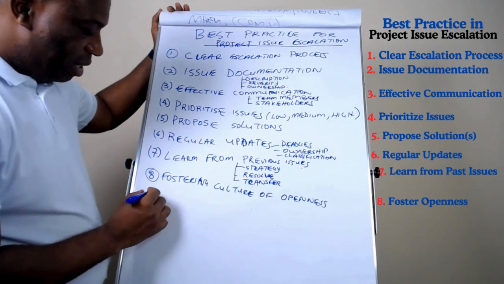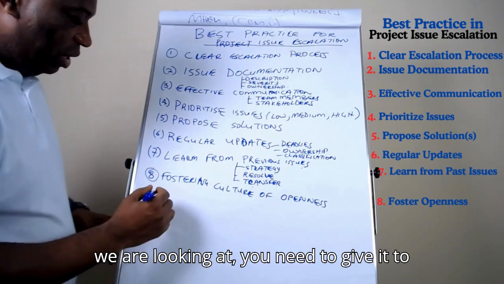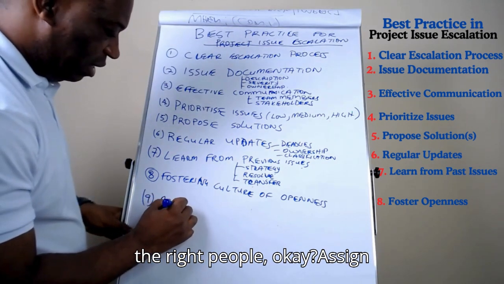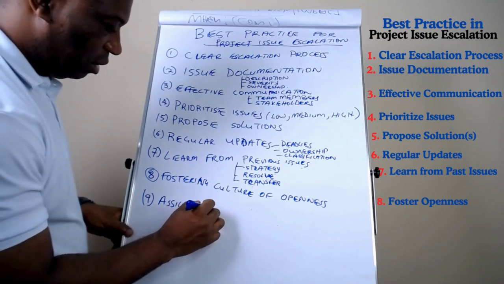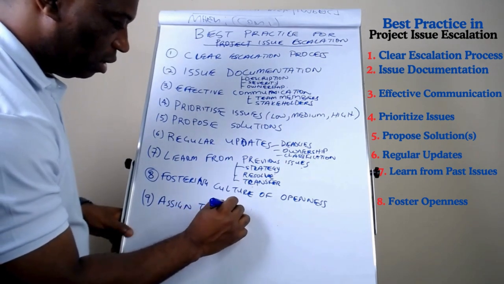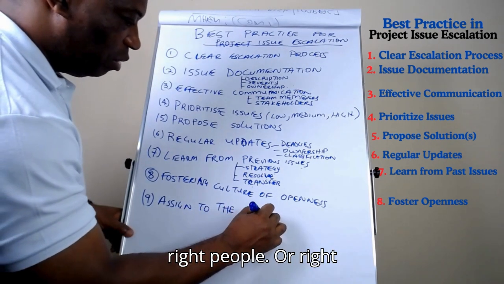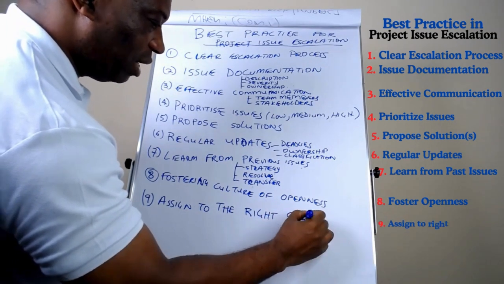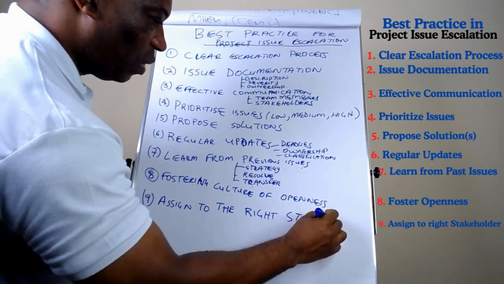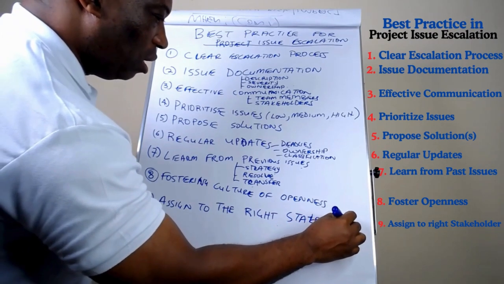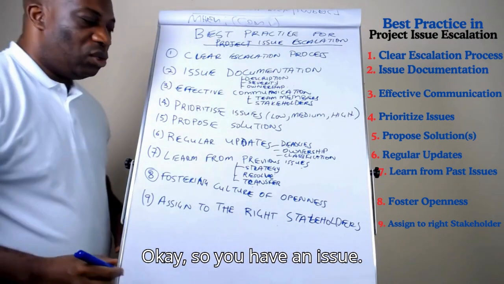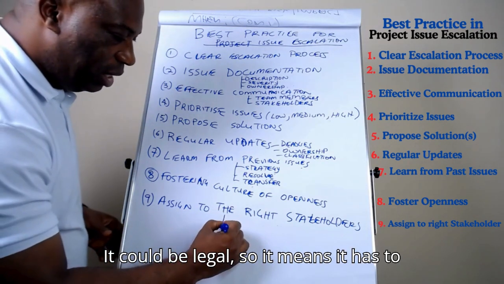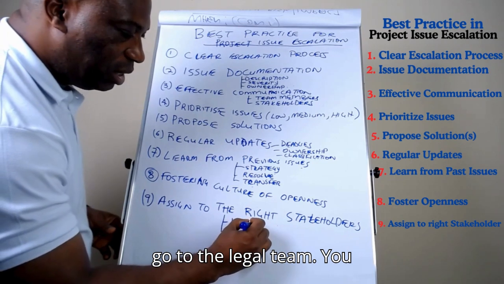Number 9, you need to assign to the right people, or the right stakeholders, if I may put it that way. So you have an issue. It could be legal, so it has to go to the legal team.